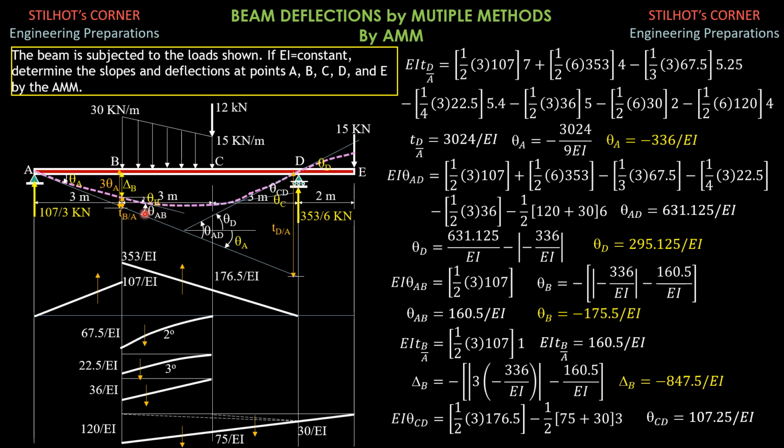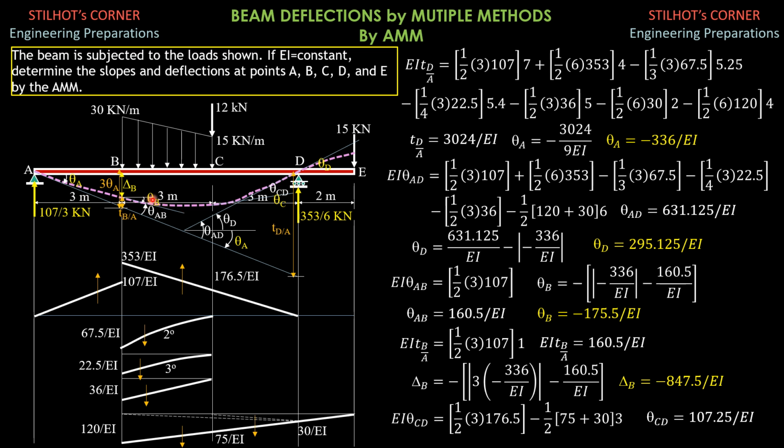Since it is positive, it means from the tangent at A to the tangent at B, it is counterclockwise. And because from the horizontal to the tangent at A, that's theta A, and the magnitude of theta A is greater than theta AB, that means the tangent at B is also sloping down to the right, and therefore it is negative.